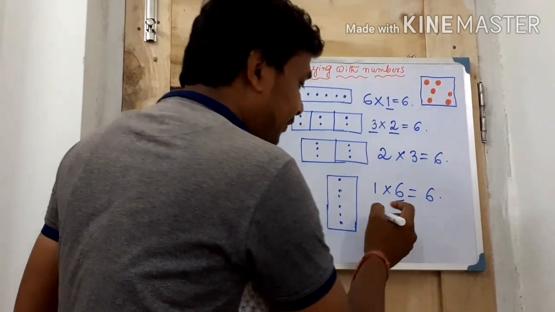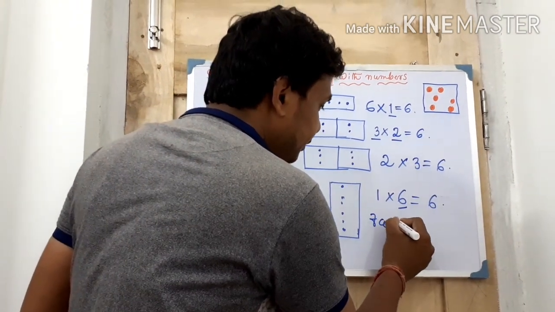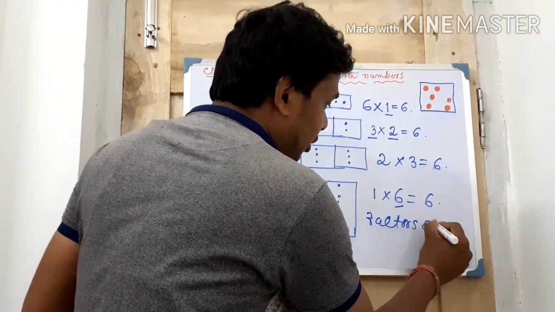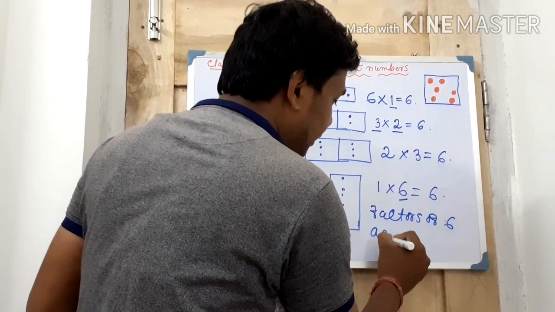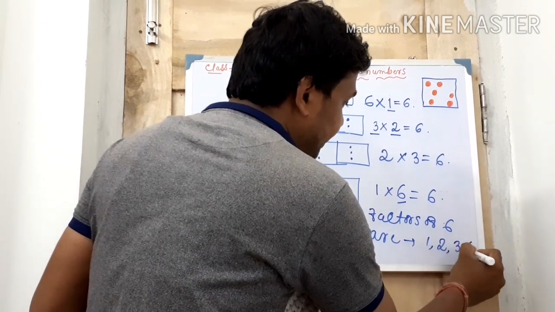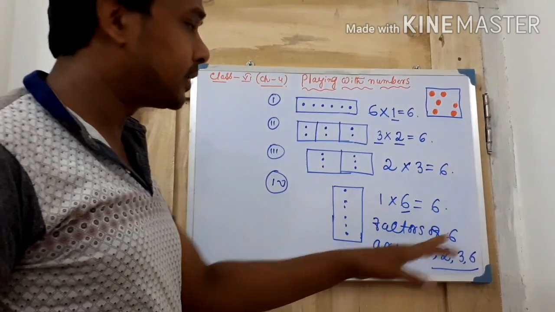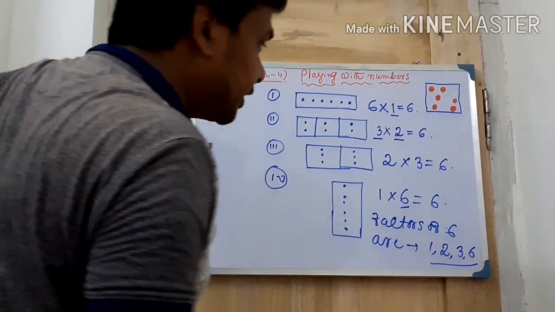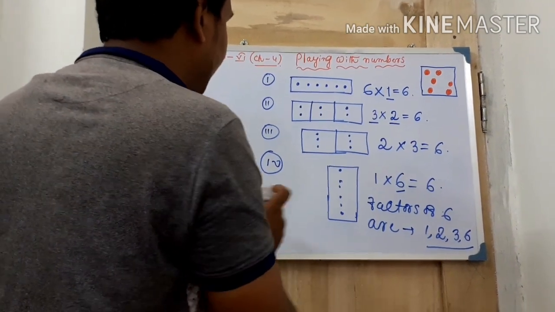So the factors of 6 are 1, 2, 3 and 6. These are the factors we can easily get from here. This is the first thing we can get from this one.